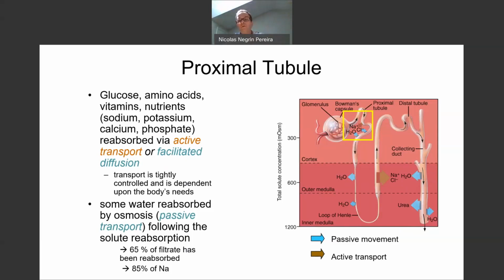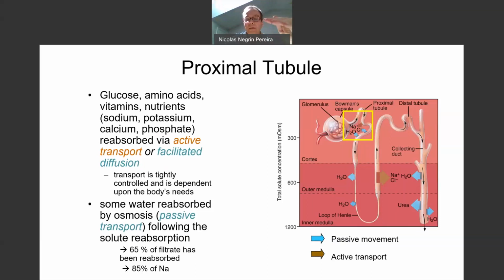Now I want you to pay attention to something that is really important. You can see that the fluid formed in this part of the kidney, in the proximal tubule, closer to the cortex of the kidney, is isosmotic with plasma. So it has about 300 milliosmolar concentration, so it's equal with plasma.